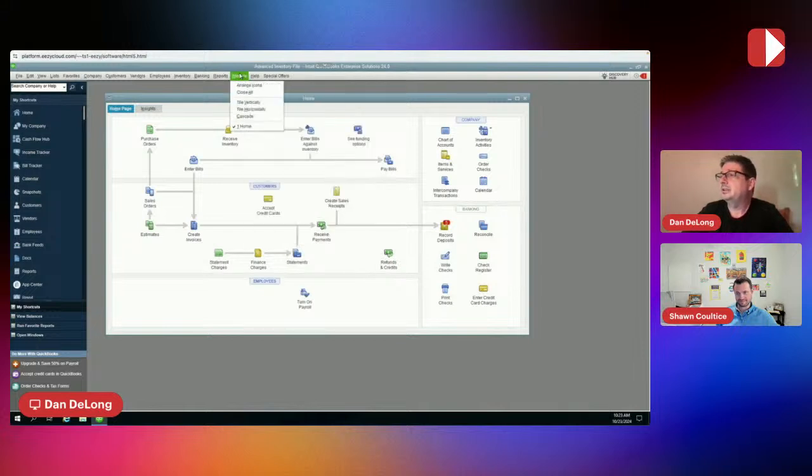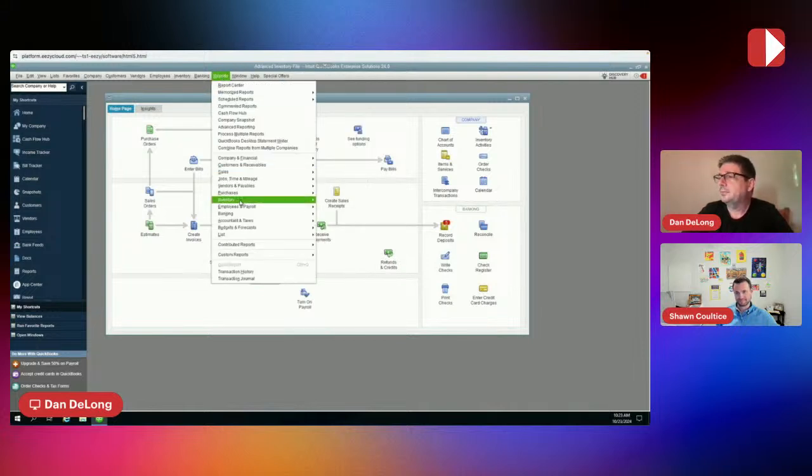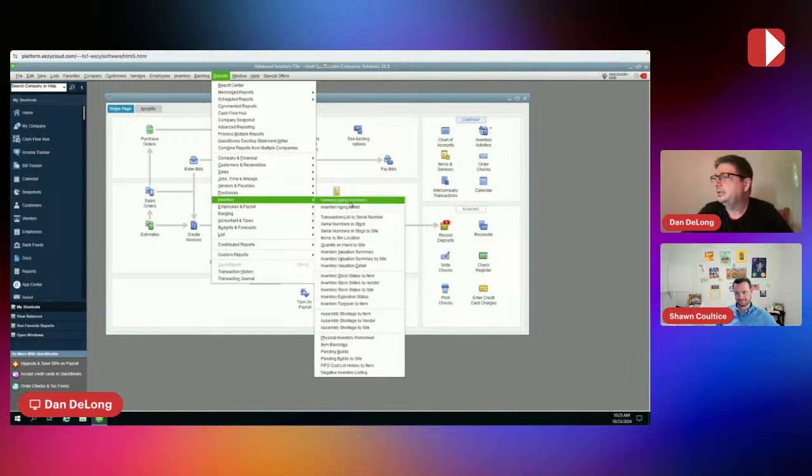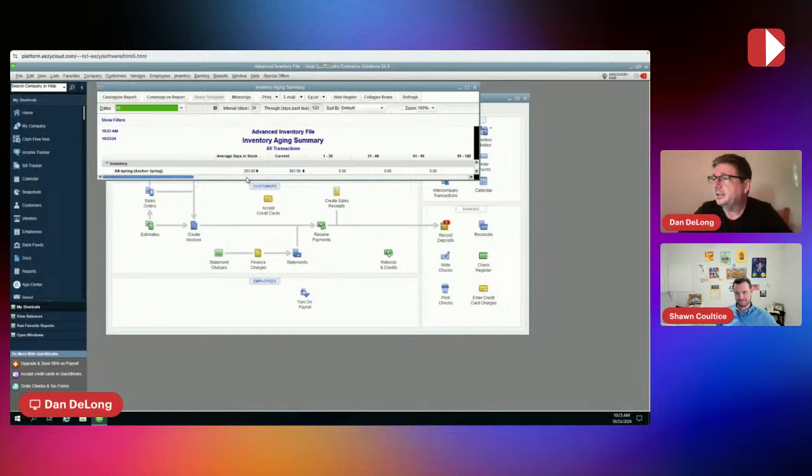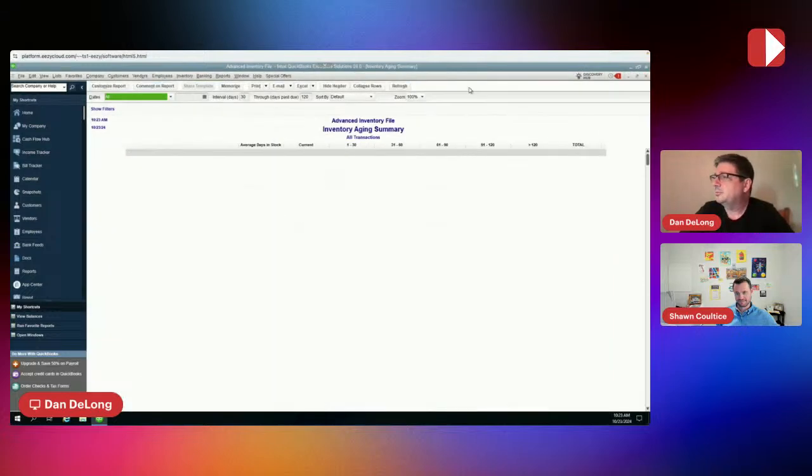But one of the things that this FIFO unlocks by turning it on is an inventory aging report, right? So by running this report, I'm going to go inventory and inventory aging summary. Apparently, there's nothing aging here, so it's the sample company.